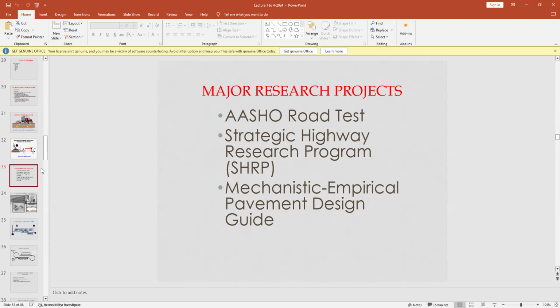Other than that, a mechanistic empirical pavement design guide was also developed to compensate for what people found in the strategic highway research program. So SHARP was actually meant for pavement design. It helped develop the pavement design guide, but it also incorporated the materials part that was not very well covered in the AASHTO method when they designed it.